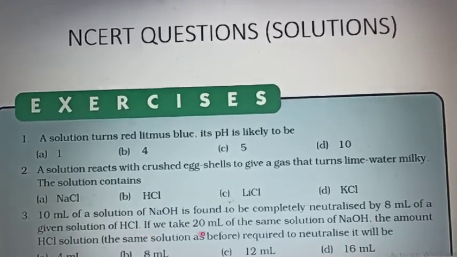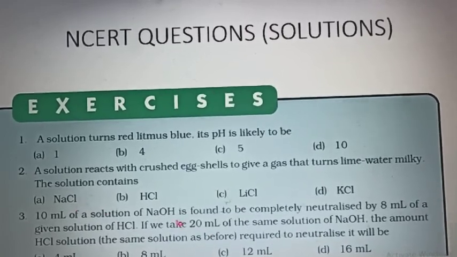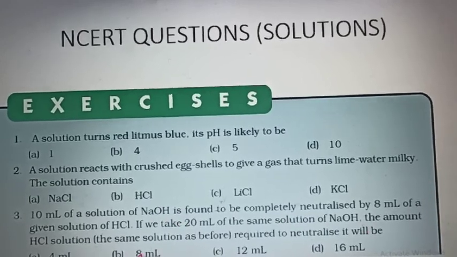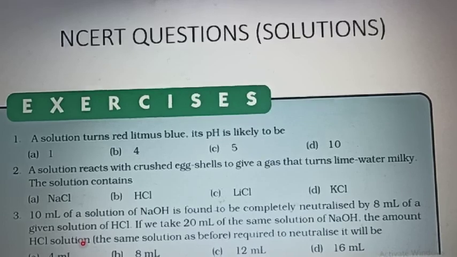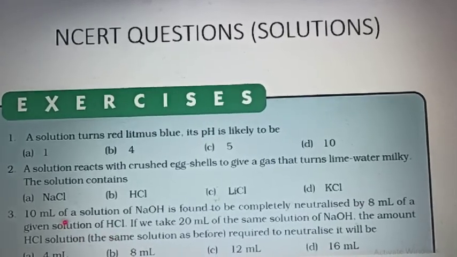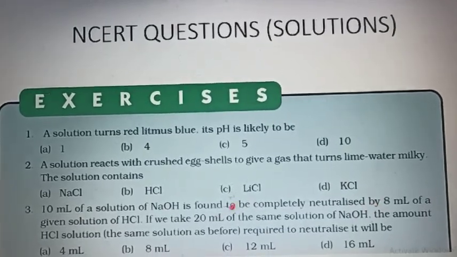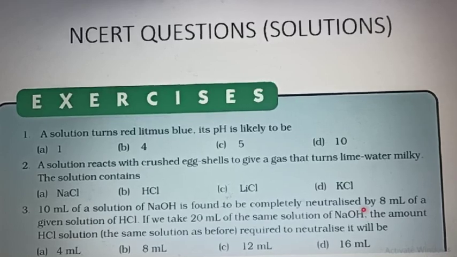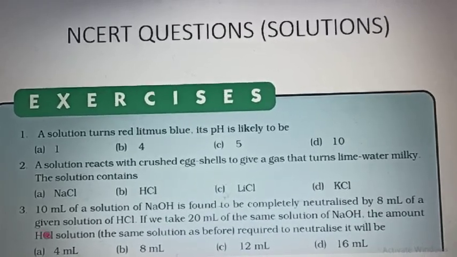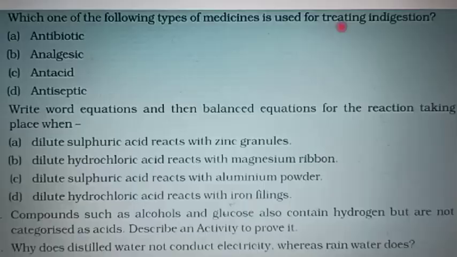So if we take 20 ml of the same solution of NaOH, it is doubled, so you have to double the amount of HCl also. 10 ml is neutralizing 8 ml of acid, so here 20 ml of NaOH will neutralize 16 ml of HCl. So you can write the correct option, that is 16.